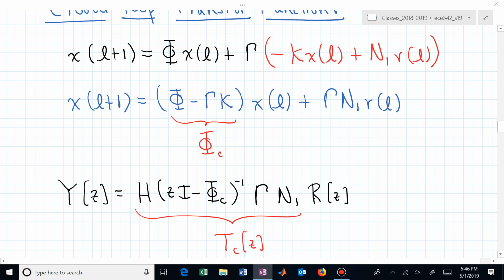That gives us now a new phi, which we will call phi sub c. That's our closed loop system matrix, made up of phi minus gamma K, and that's how we want our system to behave. How would you locate the eigenvalues in phi sub c, or what would guide your selection of the eigenvalues of phi sub c?